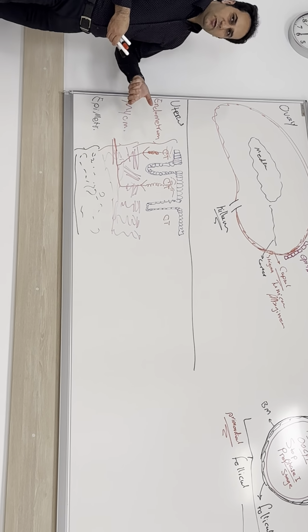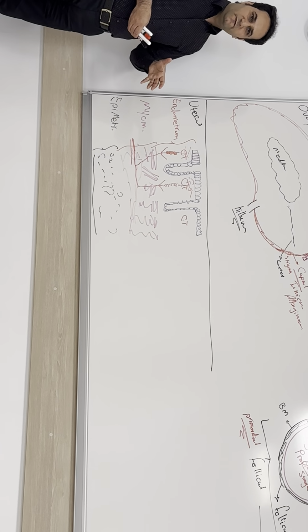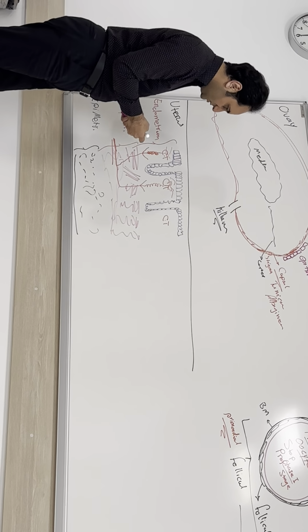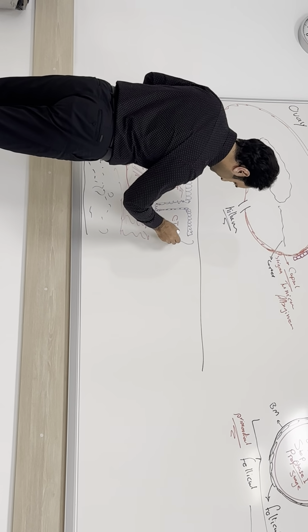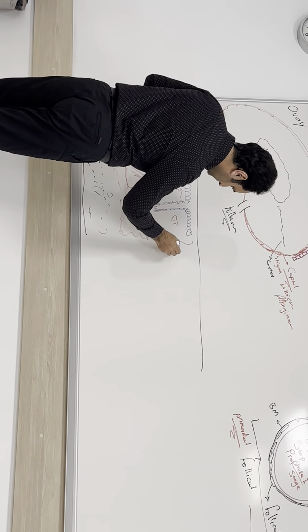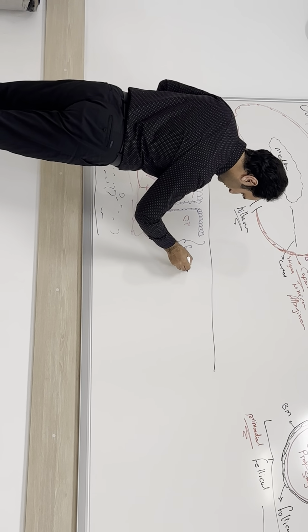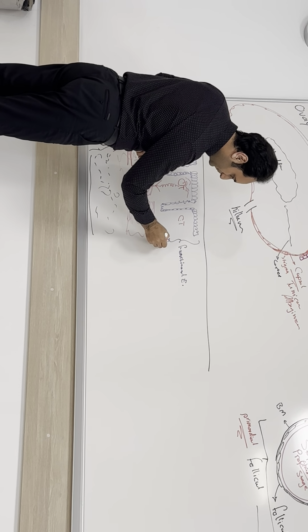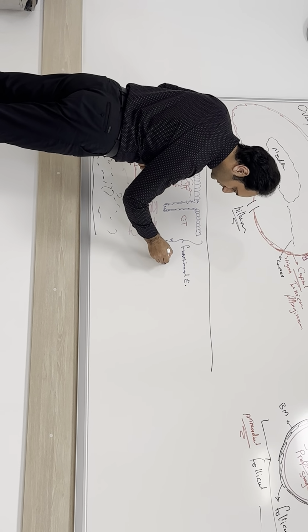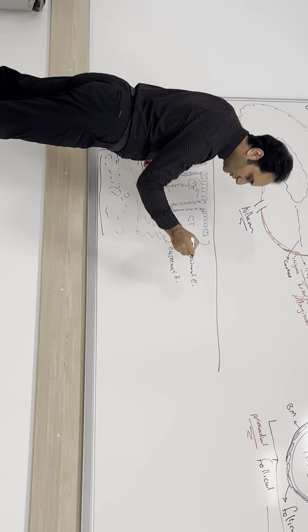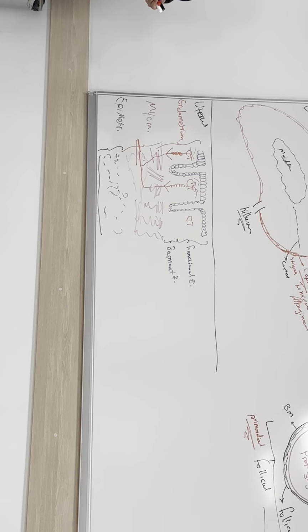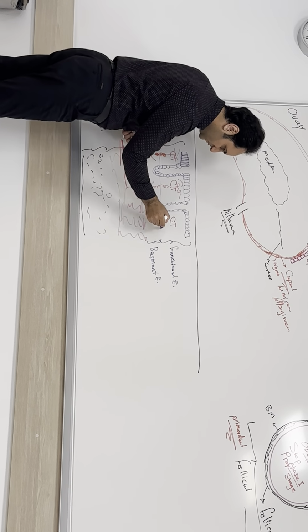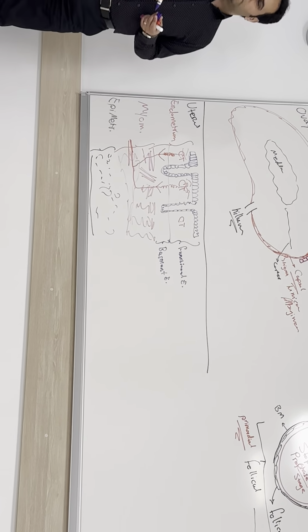The endometrium in itself is subdivided into 2 layers again: the functional endometrium and the basement endometrium. Here you can see the border between the functional and basement endometrium.